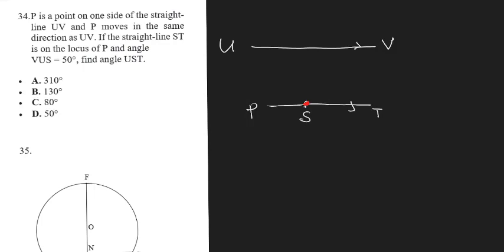Remember that the letter at the center always carries the angle. So this is UVS. Draw it down like this. This is the angle. It's 50 degrees. Find angle UST. We have to find angle UST.